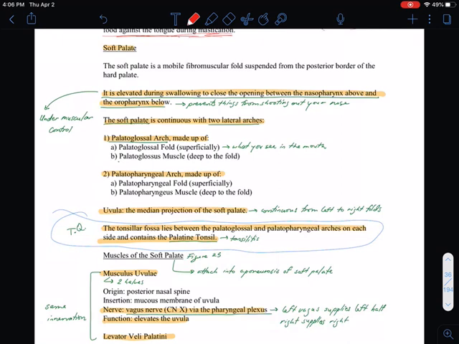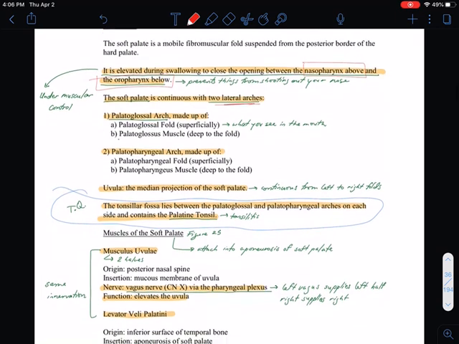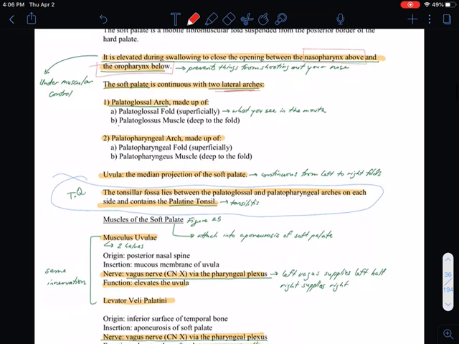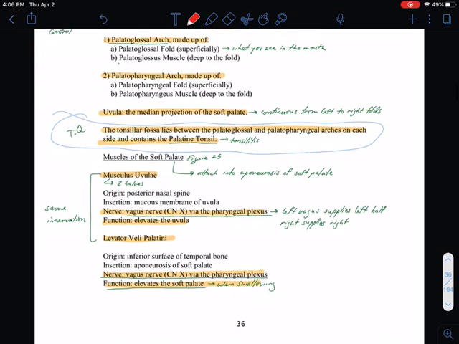Next, we have the soft palate. It's elevated during swallowing to close the opening between the nasopharynx above and the oropharynx below. Nasopharynx above, oropharynx below. It's continuous with two lateral arches, your palatoglossal arch, which has a palatoglossal fold superficially, and then the muscle, which is deep.